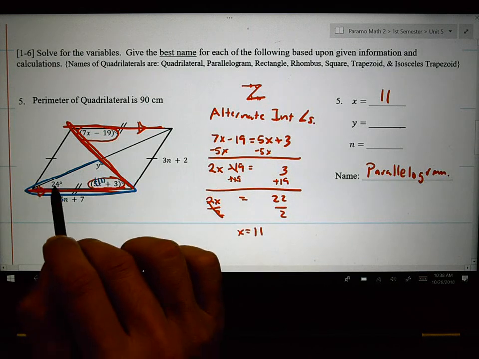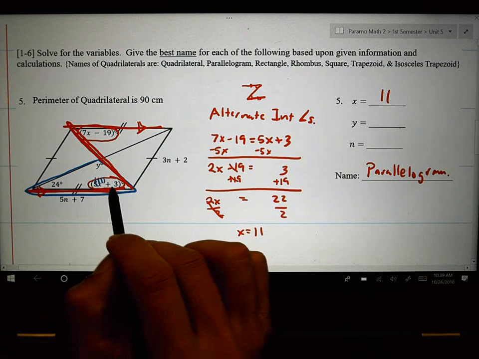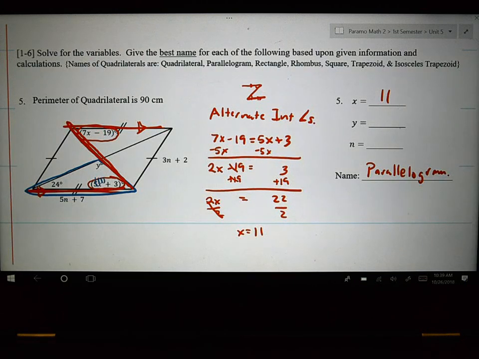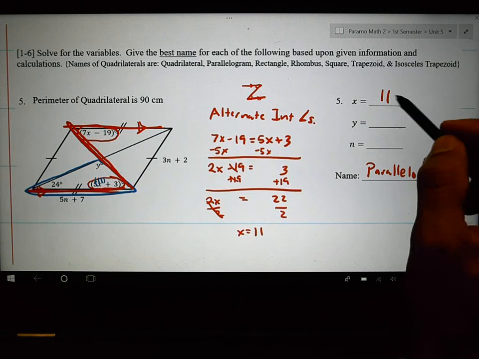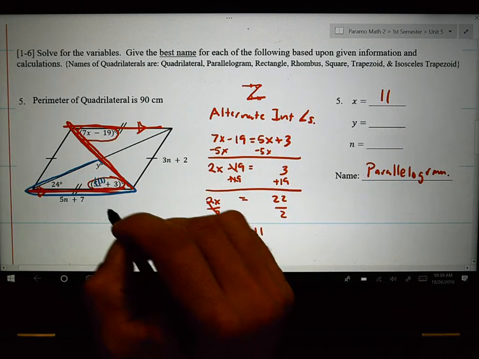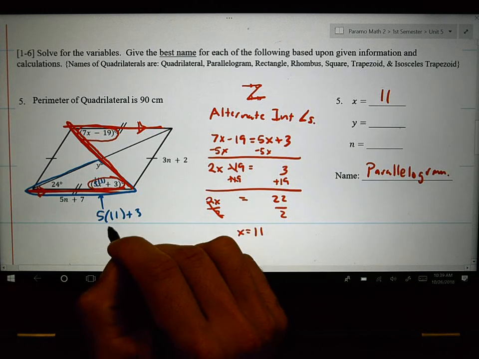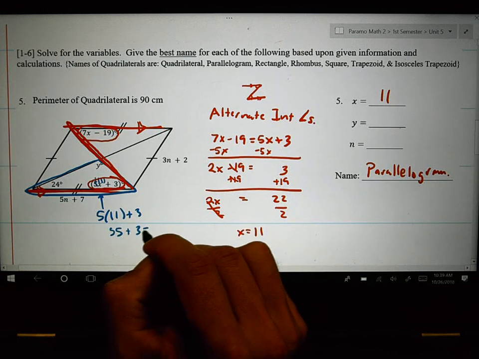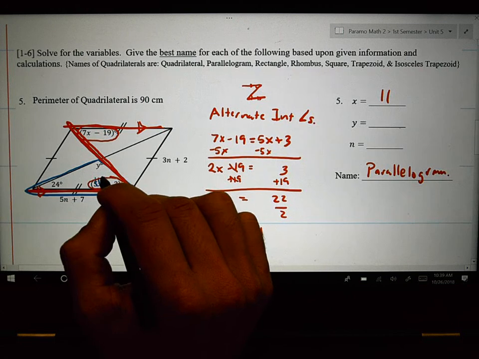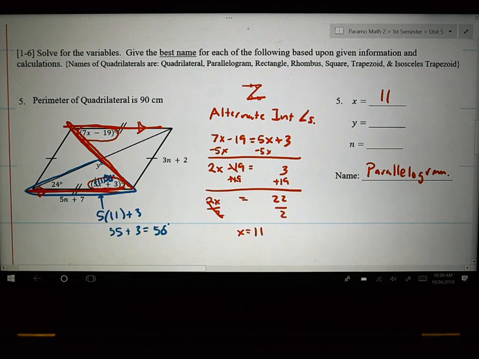I know what this angle is, and these three should add up to 180 degrees. So what I'm going to do is I'm going to take this 11 and plug it back in and figure out 5 times 11 plus 3 is 55 plus 3, which is 58. I know what this angle is. It's 58 degrees.